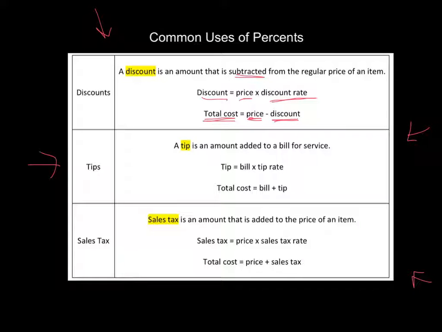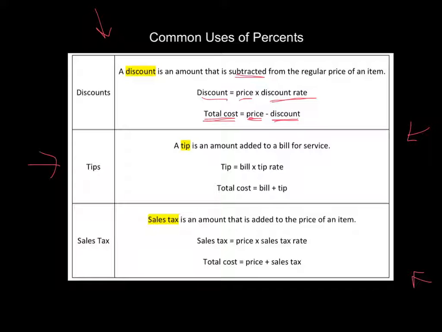So for example, we need to find what is 25% of $75, and then we need to subtract that from $75 to figure out how much we're actually going to pay. We will practice all of these. So this is just kind of a formula page. You need to make sure you get them down so you know what the formulas would be.